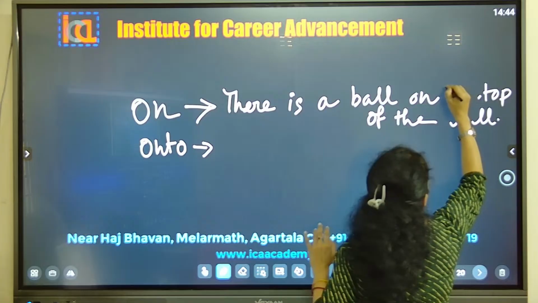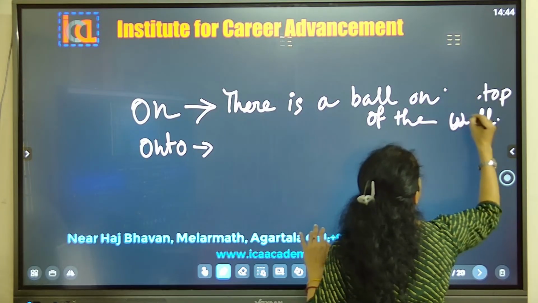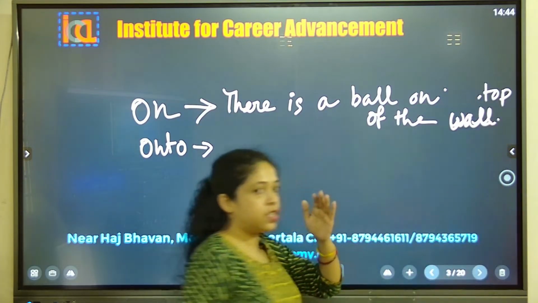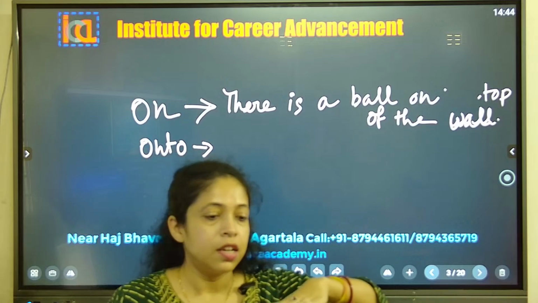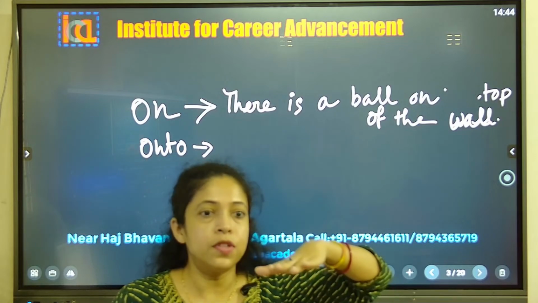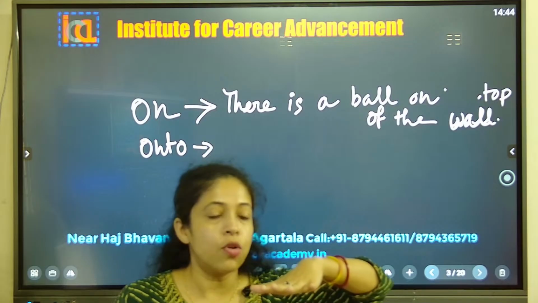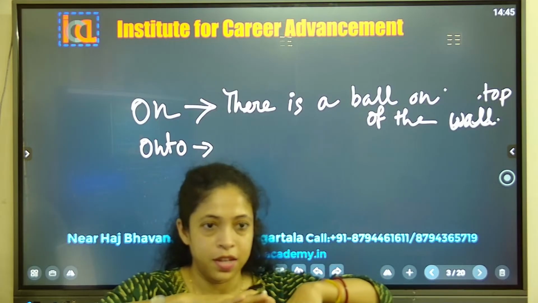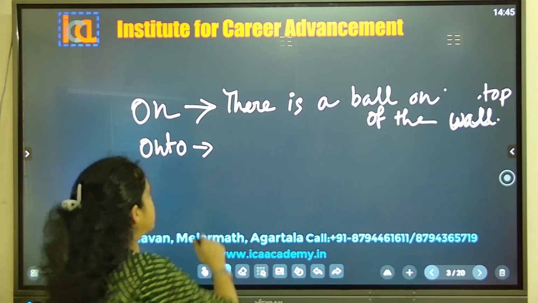On top of the wall just means the position of the ball is on it. On means it is not moving.